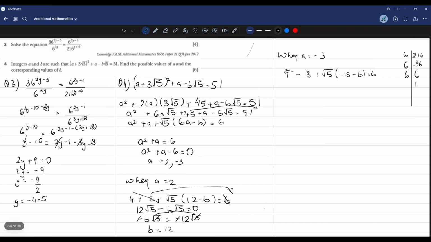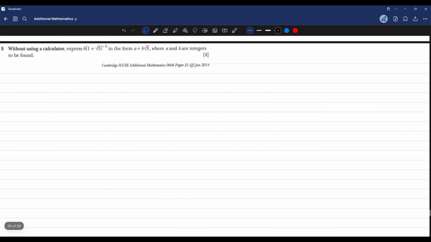Again, 9 minus 3 is equal to 6, so this and 6 cancel down. Negative 18 under root 5 minus b under root 5 equals 0. Negative 18 under root 5 equals b under root 5. And then b would be negative 18 under root 5 divided by under root 5, which cancels down. Negative 18 equals b when a is equal to negative 3. And that's it. This is it for question number 4.